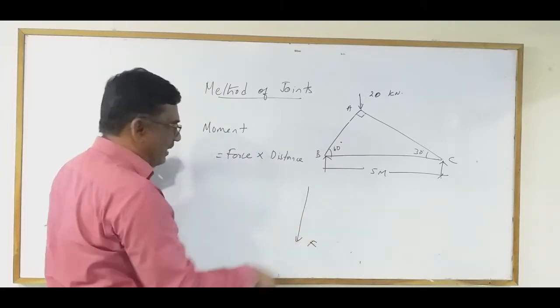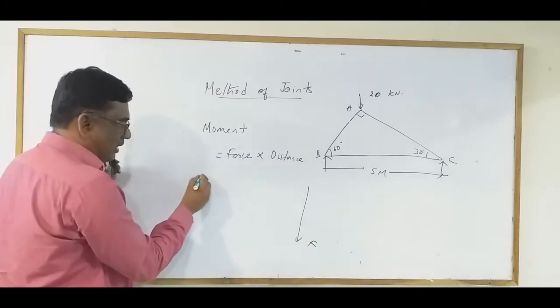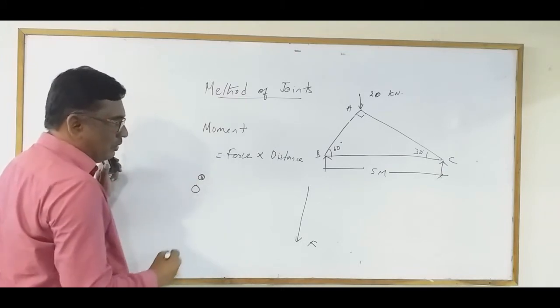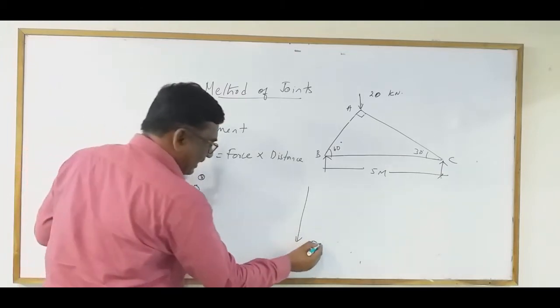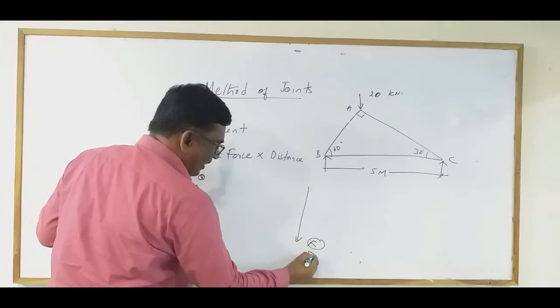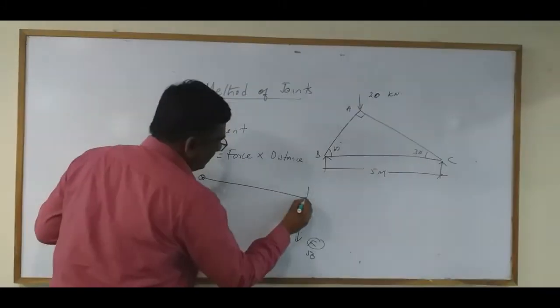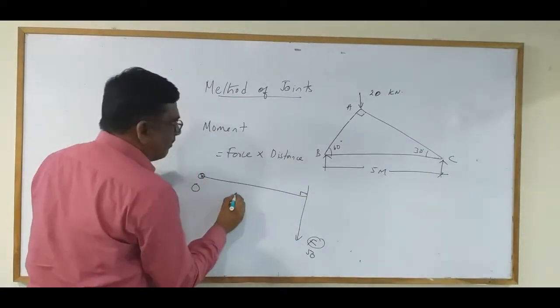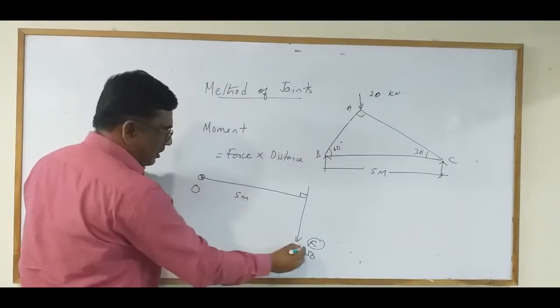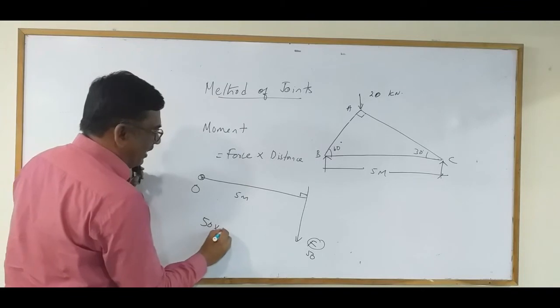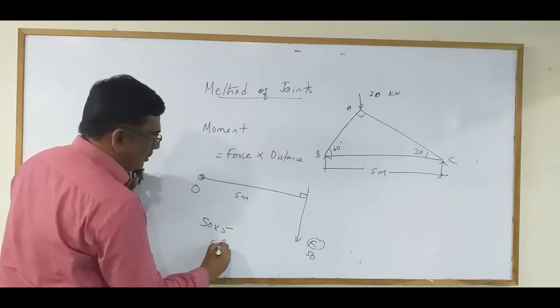Suppose we want to find out the moment about this point O. Multiply this force, maybe 50 or 20 or 10, into the perpendicular distance, maybe 5 meter or 6 meter. So 50 into 5 will give you 250.